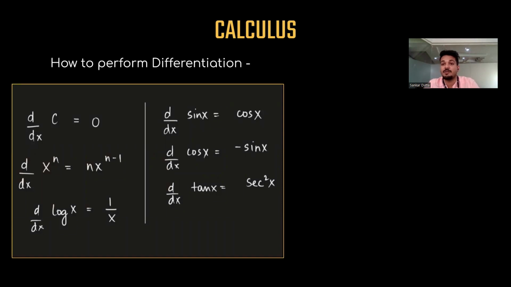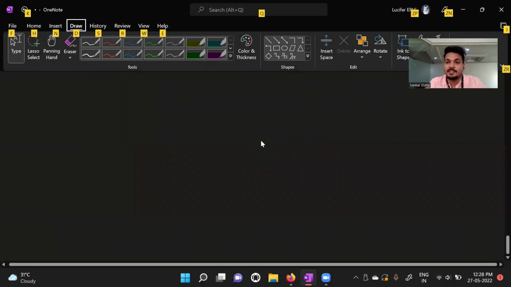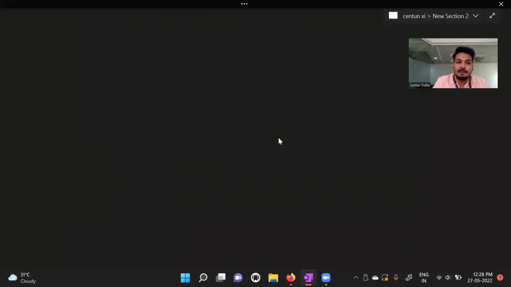Now that you understand why we need differential calculus, it is time that we learn how to do differential calculus. First of all, do you remember the arithmetic operators plus, minus, multiplication, divide? These are operators that we use to perform specific actions on numbers, right?